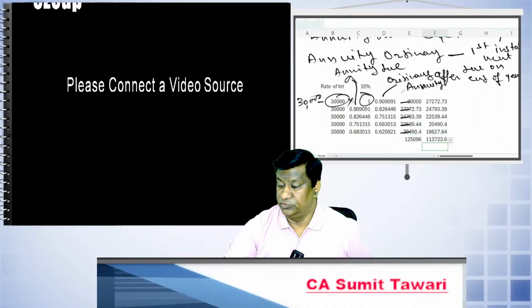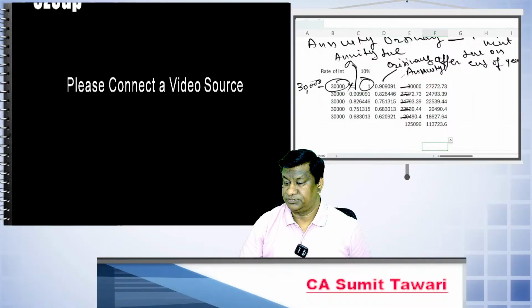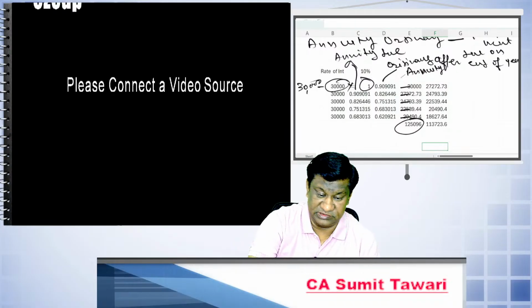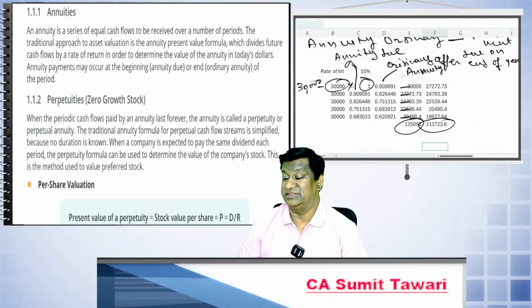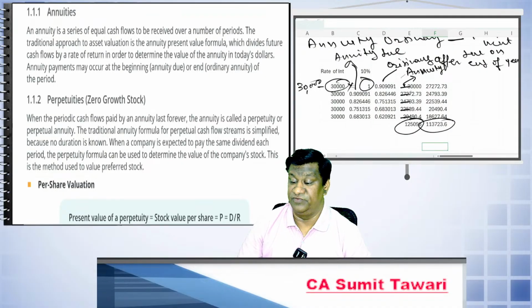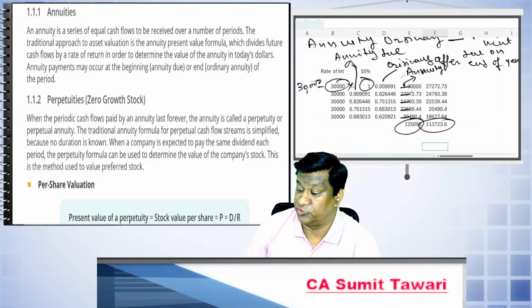So if you see this, in case of the annuity due, the value is 125,096, and in case of the ordinary annuity, the value is 113,723. Why did this happen? Because if I'm paying the first installment immediately, I will lose the benefit of earning opportunity.